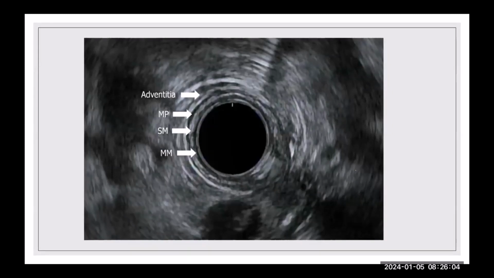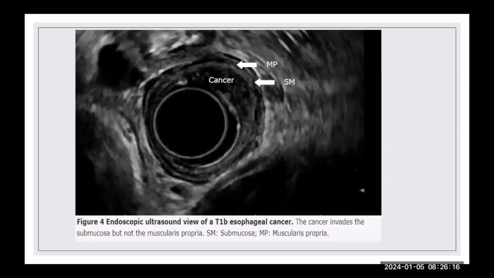Now, this is a very important structure here, which will determine the stage of the disease. And the outermost layer is the adventitia. Now, here we can see an endoscopic ultrasound image of a tumor where the tumor is not invading into the muscularis propria, but it is invading into the submucosa.